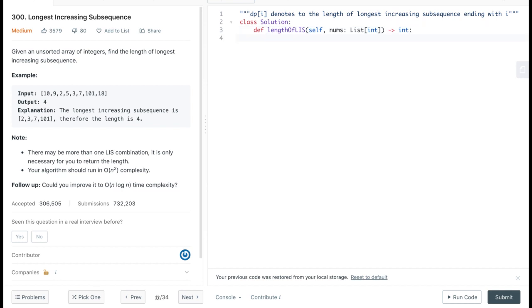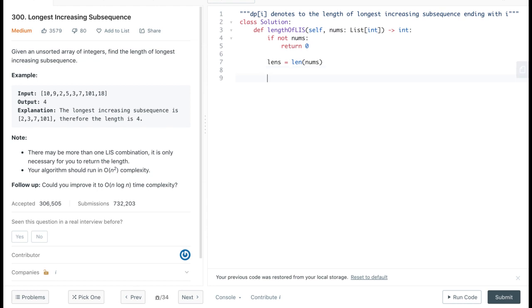First, let's do the edge case. If not nums, return 0. Length equals length of nums.